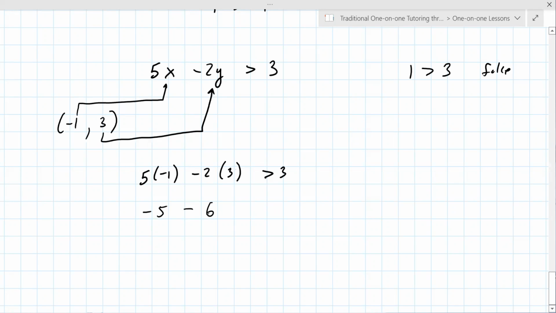Okay, what is -5 minus 6? No. This is like rocket math stuff. So they're both negative, so it keeps the sign. Then you add the numbers together. Oh, okay.